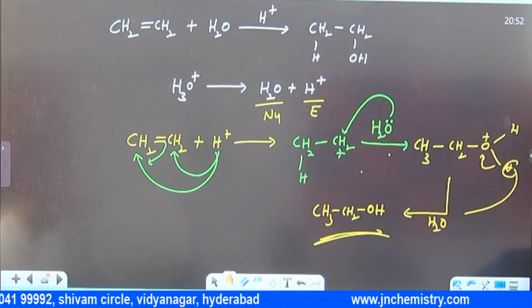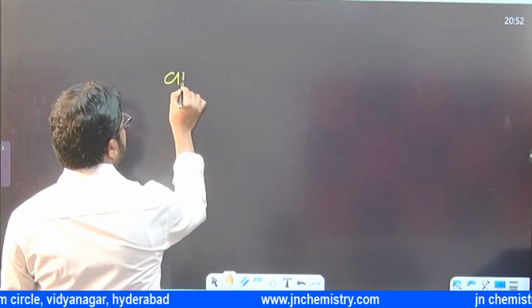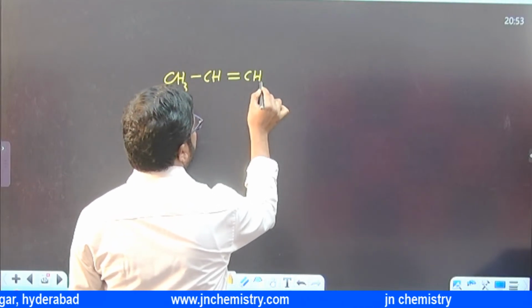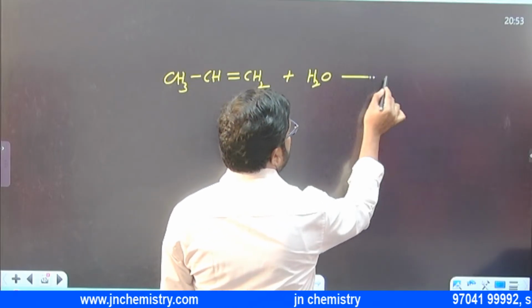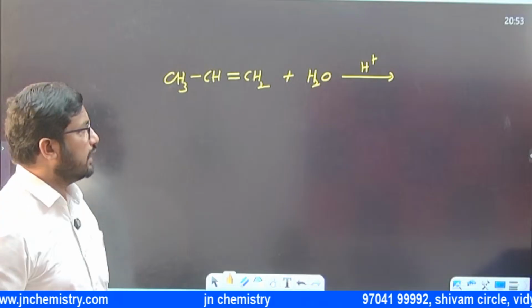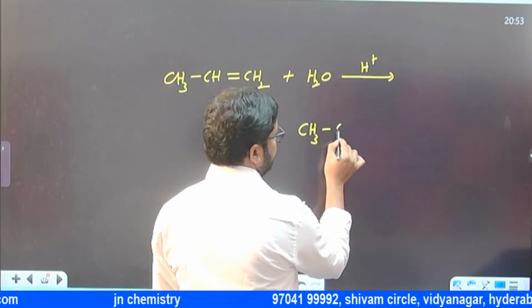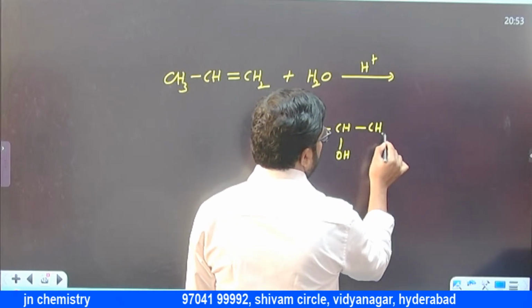Done. Same Markovnikov's rule here. Same as before, I'm directly writing the product CH3, CHOH, CH3.